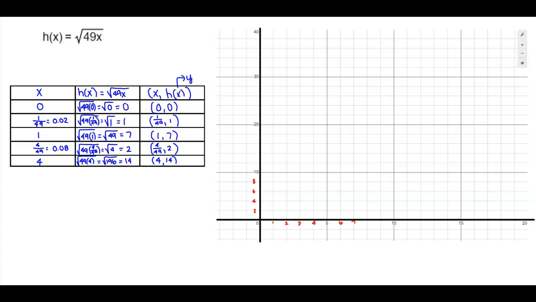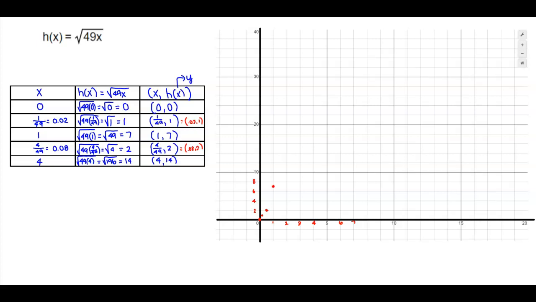Okay, so the first ordered pair that we have is 0, 0. The next one is 0.02, comma 1. So at 0.02 you have 1. Okay, the next one we have for the fraction is 0.08, and that's 2. So we have 0.08, and then there is 2. Okay, and then we have 1, and then 7.